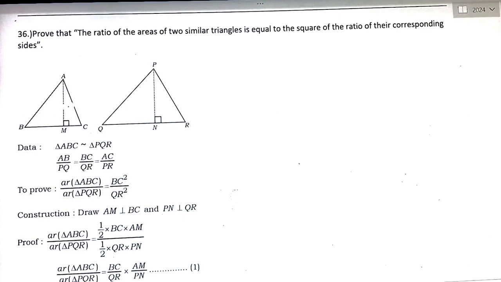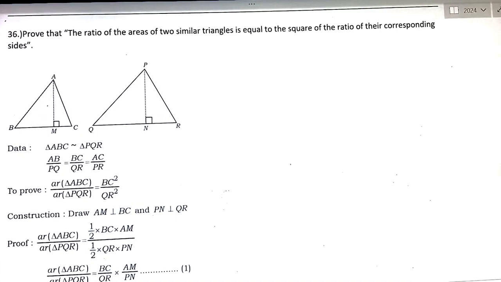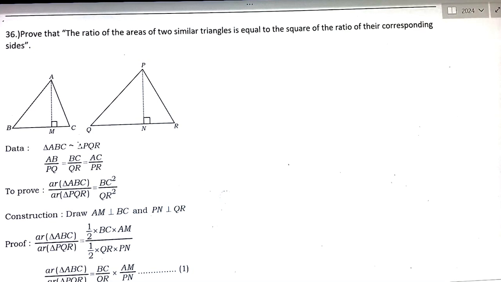Now in the given data, triangle ABC is similar to triangle PQR. So if they are similar, then we know that the corresponding sides are proportional. That means in this triangle, AB side corresponds to this side of the other triangle, that is PQ. So AB by PQ is equal to BC by QR, which is equal to AC by PR.